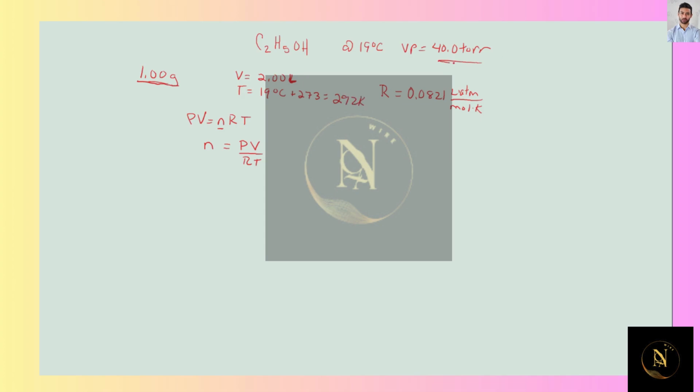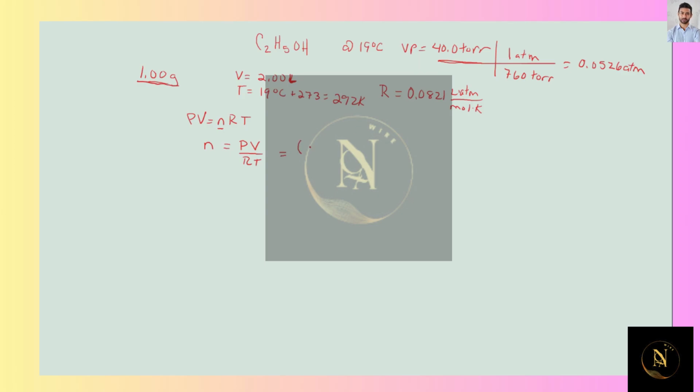And we're going to convert from torr to atmospheres. So there are 760 torr in 1 atmosphere, and that is equal to 0.0526 atmospheres.